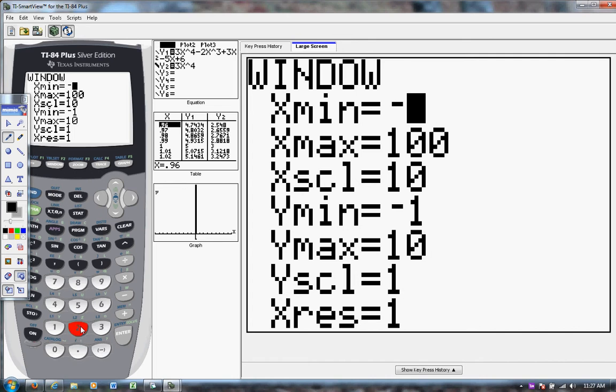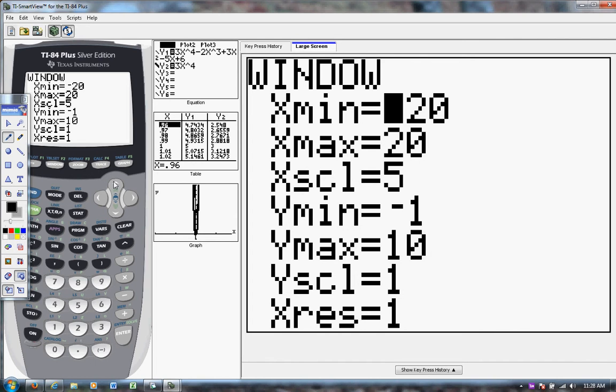Let's go instead maybe -20 to 20 and go up by 5s, something like that. Still looks bad, doesn't it? I've got a little preview screen there. We'll just go -10 to 10.